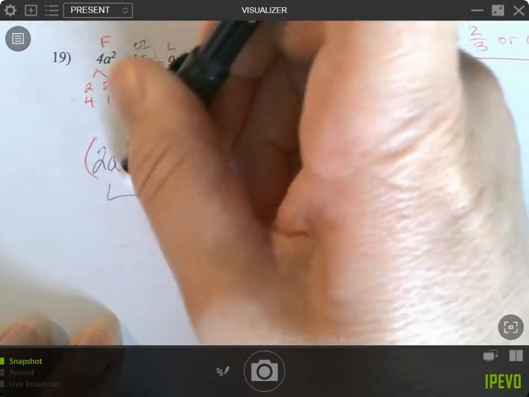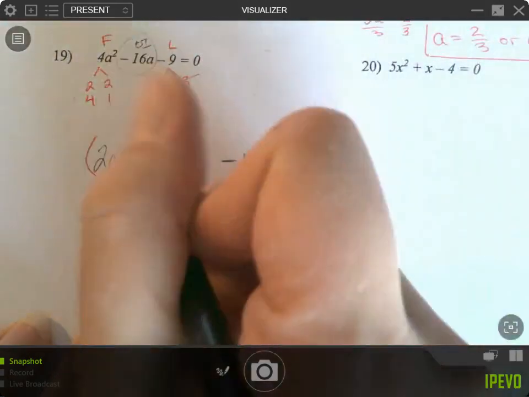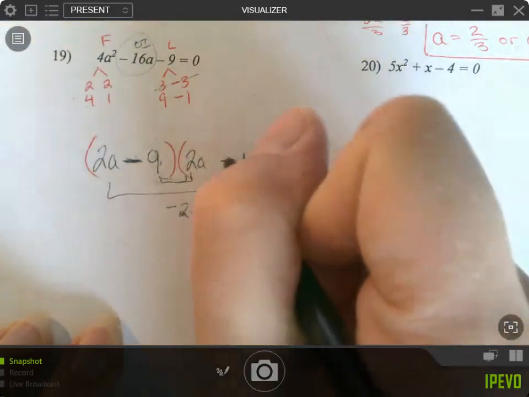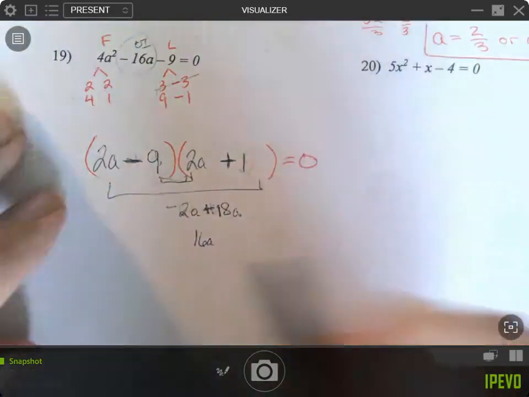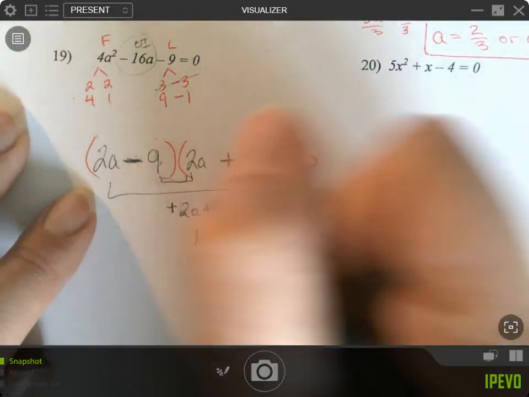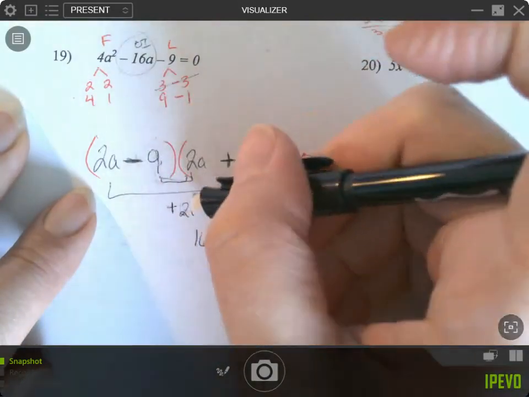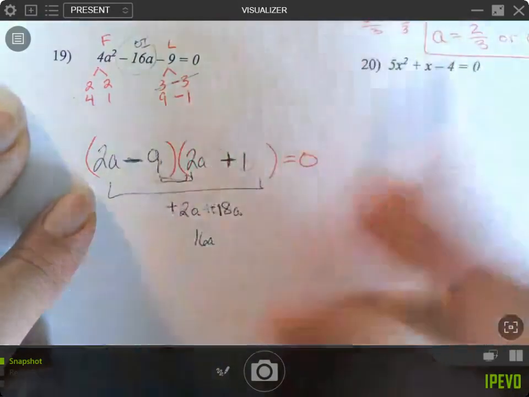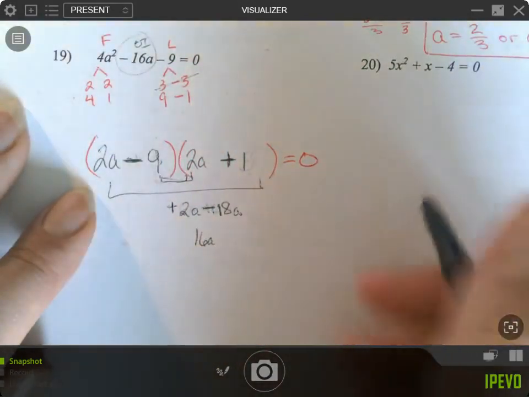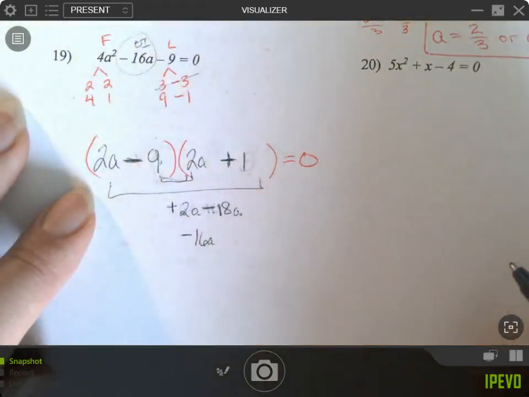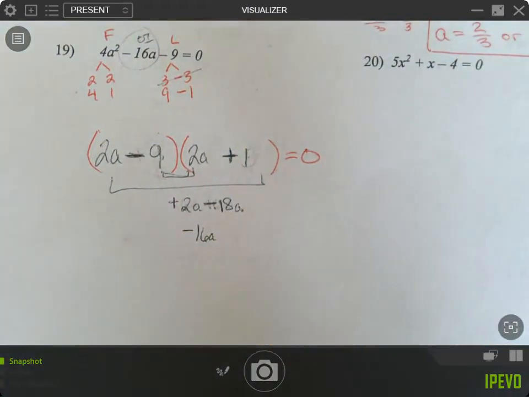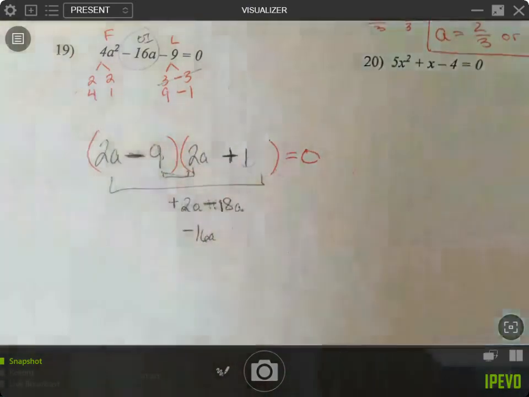Switch the signs. Negative, positive. So now I have a positive 2a, but by switching the signs, it gave me a negative 18a, which adds up to negative 16. Okay, so I had to do a little effort to factor. If that didn't work, I would have had to throw it out and try with 4 and 1.